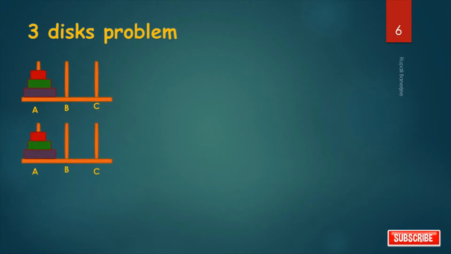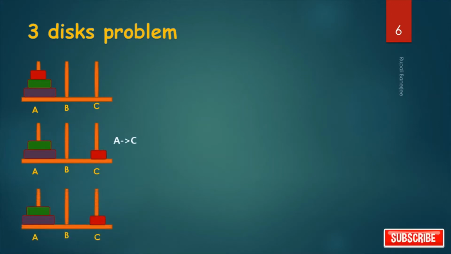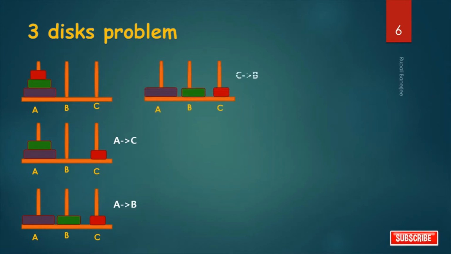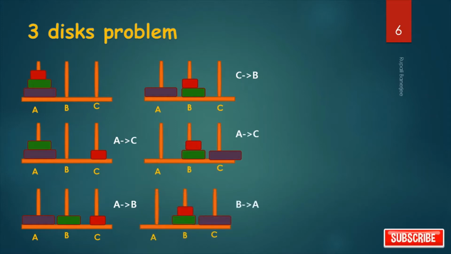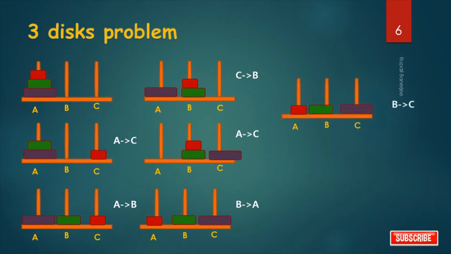First, move from A to C, then move from A to B, then move from C to B, then move from A to C, then move from B to A, then move from B to C, then move from A to C.